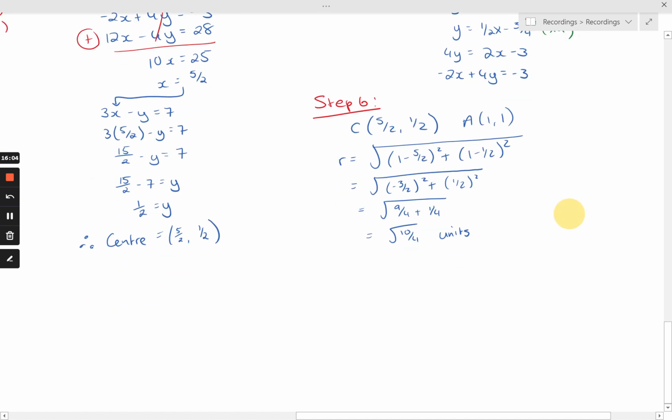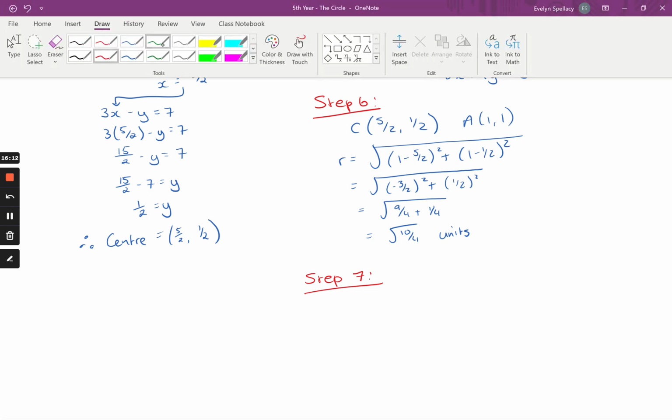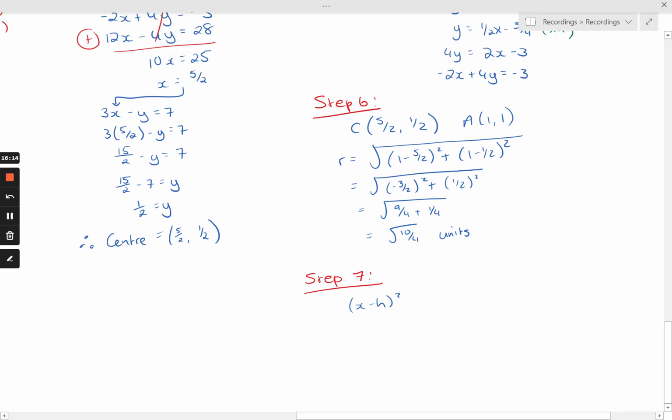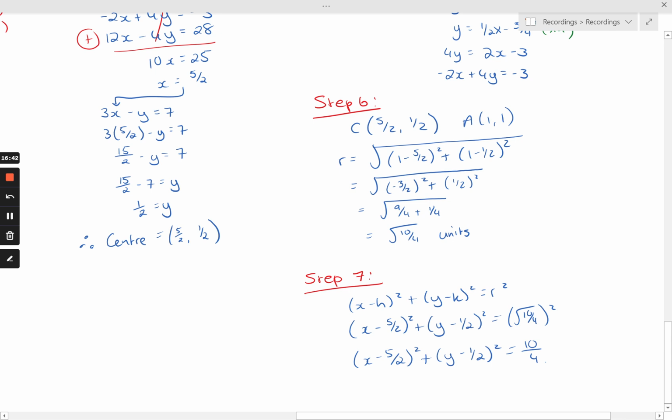Because I know my last step now, step 6, we're nearly there guys, is going to be to find the equation of the circle using my formula. (x minus h) squared plus (y minus k) squared is equal to r squared. So we're going to have (x minus 5/2), because remember the (h, k) is my center, (y minus 1/2) squared is equal to the square root of 10/4 squared. So I get (x minus 5/2) squared plus (y minus 1/2) squared is equal to 10/4, which is my final answer there now.